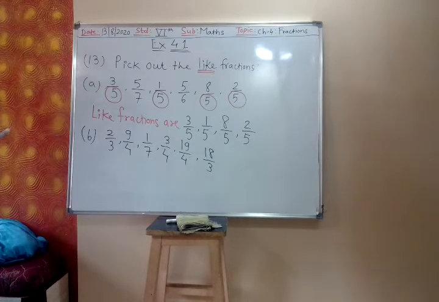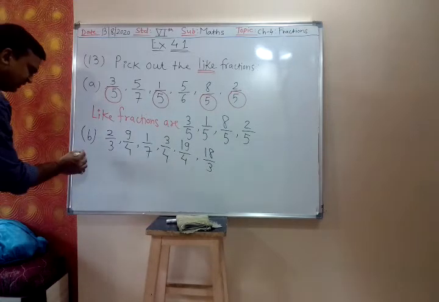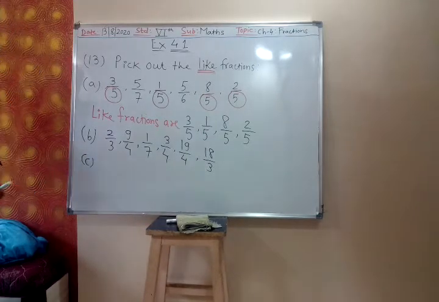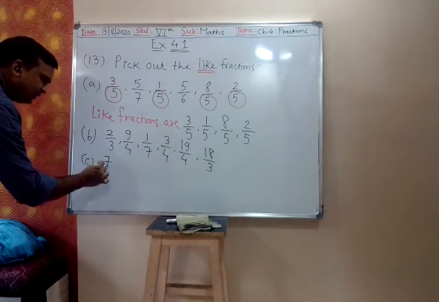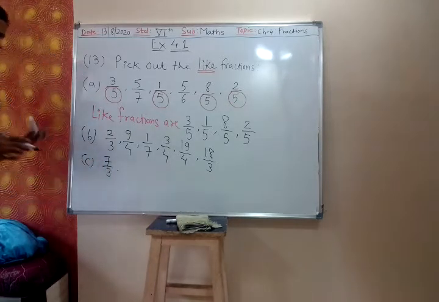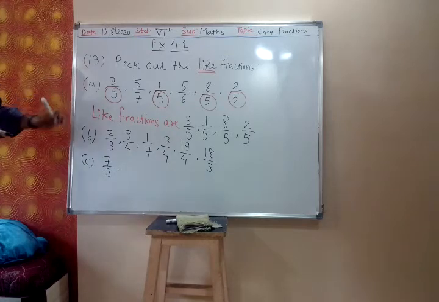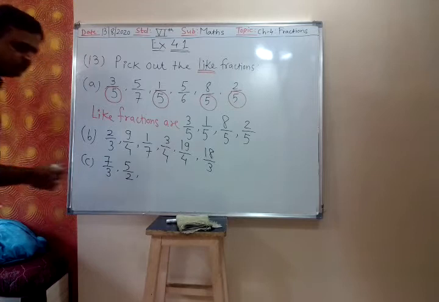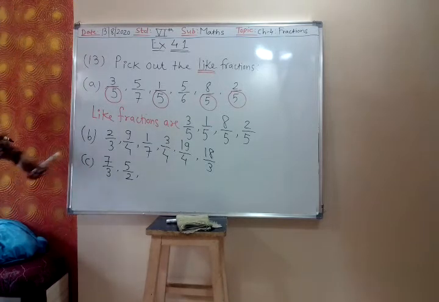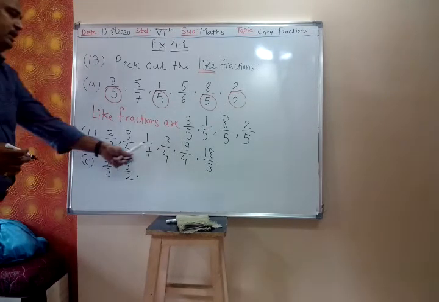So this B, C, D, let me give you homework. Like fraction means they have same denominator. C is 7/3, 5/2, 2/3, and 18/3.